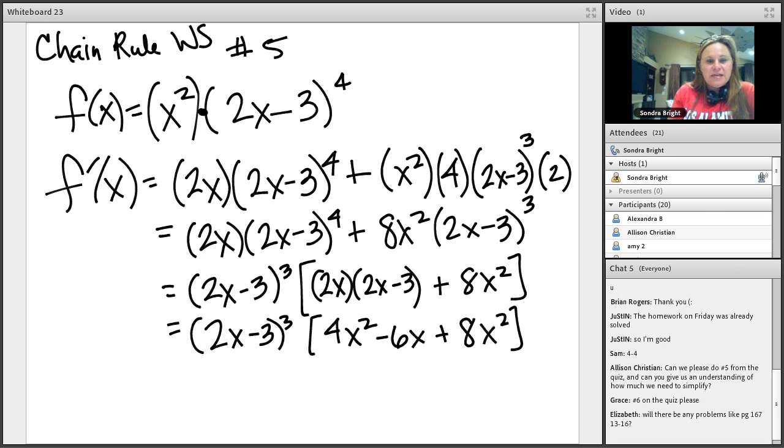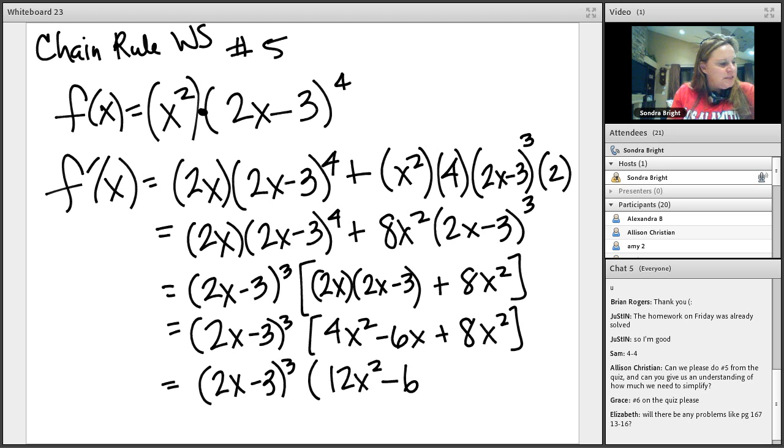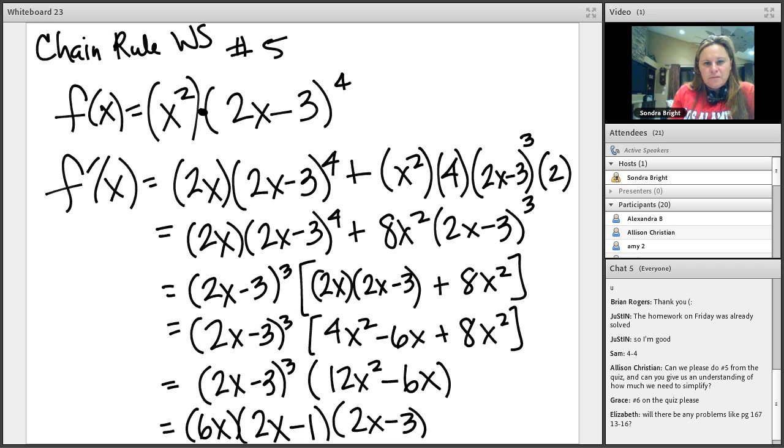Adding the x squareds together, you've got 2x minus 3 cubed times 12x squared minus 6x. Okay, so you could leave your answer like that, or if you noticed that there was a 6x in common to that guy, you could factor out the 6x and you would have a 2x minus 1, and then still times the 2x minus 3 cubed. Either one of those answers is totally fine.